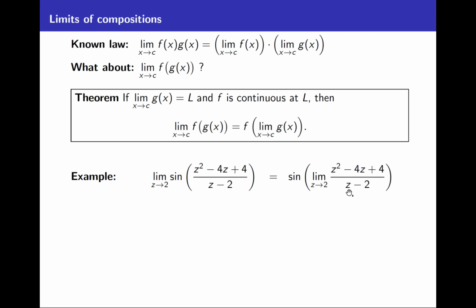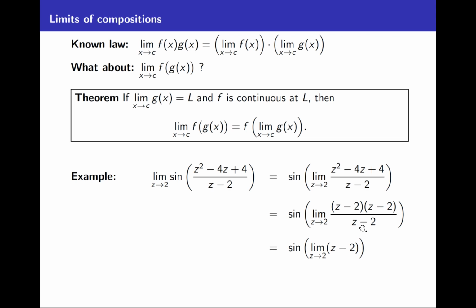You'll notice that you're getting a 0 in the denominator if you plug in 2. And in fact, if you plug in a 2 up here, you'll get a 0 on the top. So this limit has the form of 0 over 0. So we know we need to cancel the z minus 2 to work it out. And the top factors as z minus 2 times z minus 2.